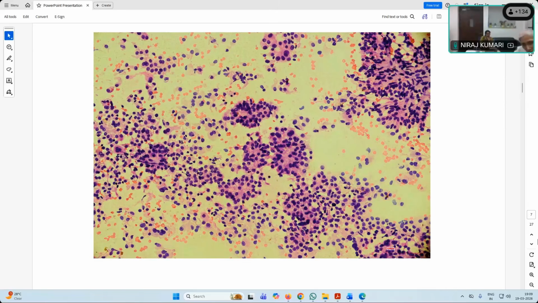So now, what is your DD? Komal can give any one DD. Medullary thyroid carcinoma. Some cells can have plasmacytoid morphology, and they have some papilla. Okay.